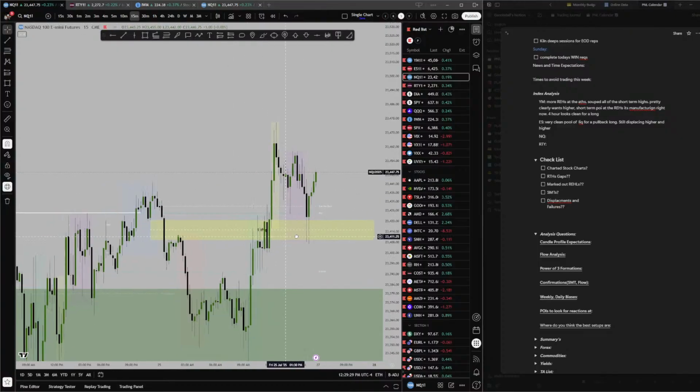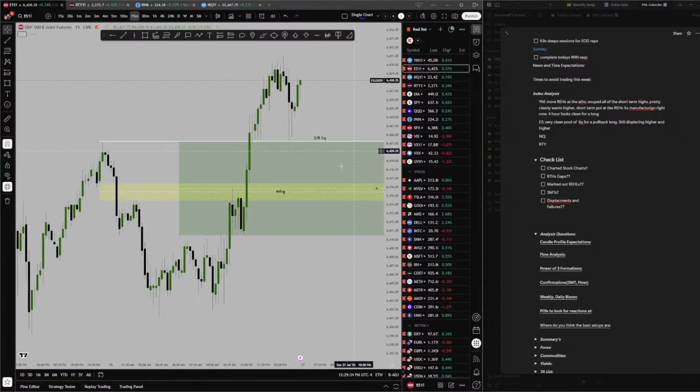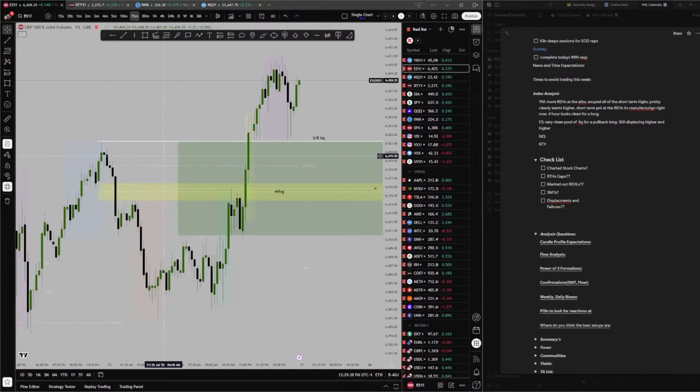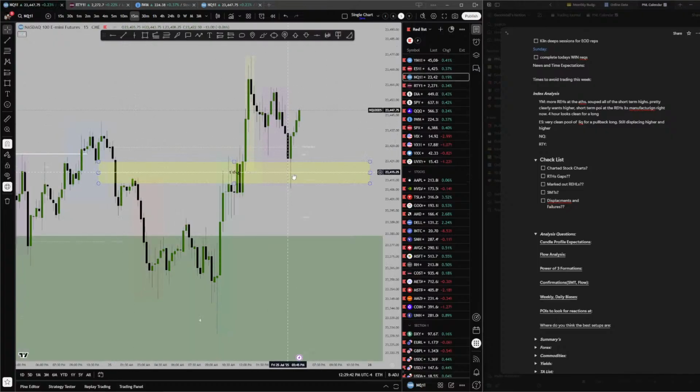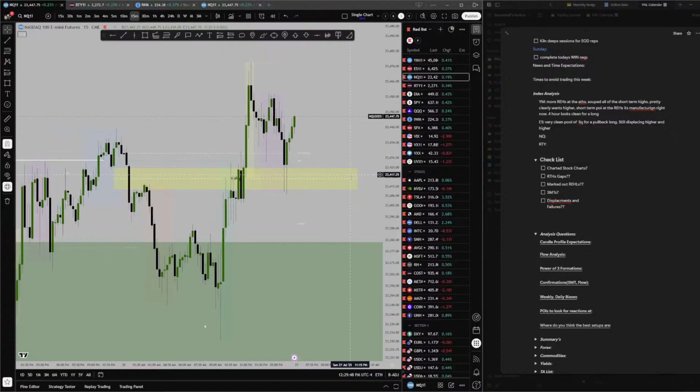With the same sort of situation happening. It's exactly what we just drew out here. And it is the same inversion there. Nice. So yeah, that's cool.